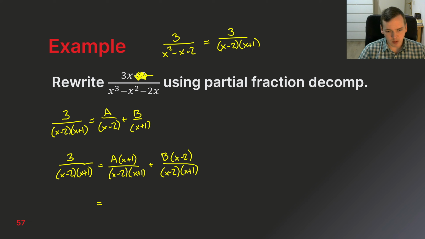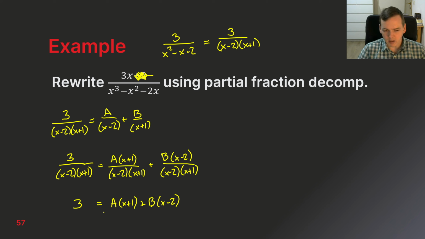And so this will equal 3 is equal to a times x plus 1 plus b times x minus 2. Because now the denominators match, so I can multiply everything by the x minus 2, x plus 1.